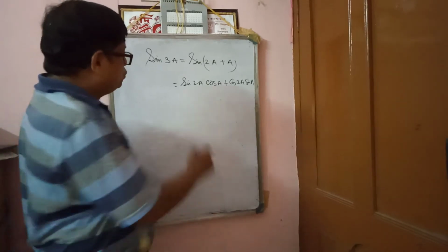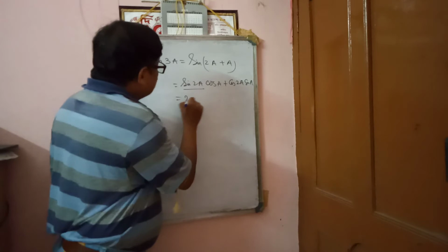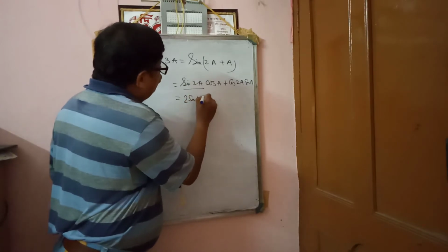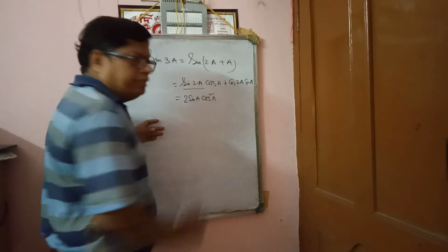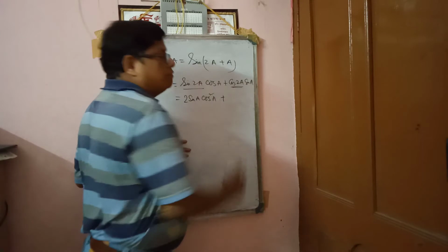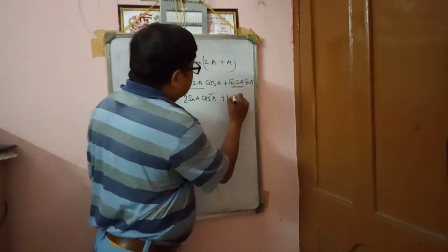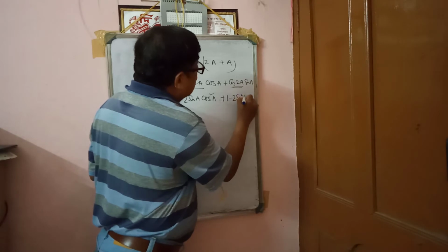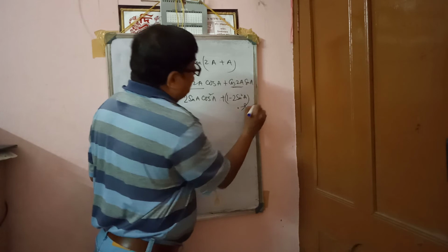Sin 2a, all of you know, is 2 sin a cos a. So write 2 sin a cos a into cos a, so you can write cos square a, plus cos 2a in terms of sin, so you can write 1 minus 2 sin square a into sin a.